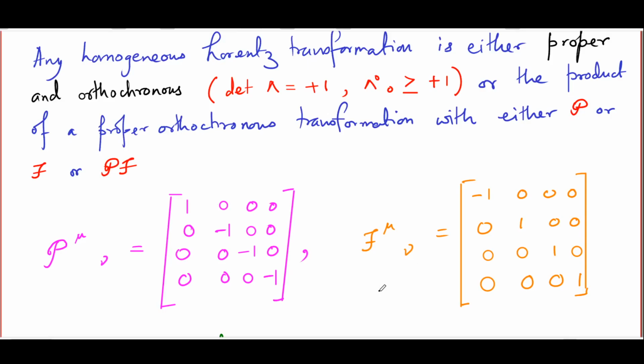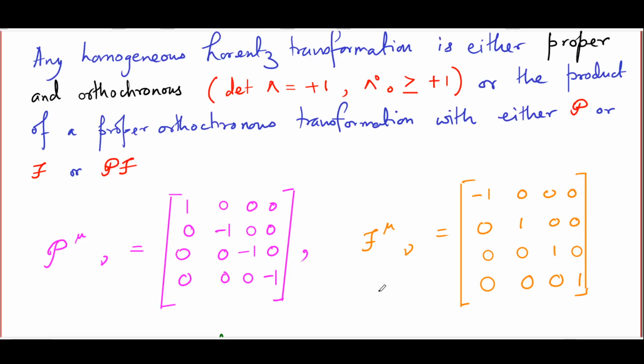Time reversal, on the other hand, is a Lorentz transformation which changes the sign of the time, t goes to minus t, while leaving x, y and z intact, and hence its matrix elements are given by minus 1, 0, 0, 0; 0, 1, 0, 0; 0, 0, 1, 0; 0, 0, 0 and 1.